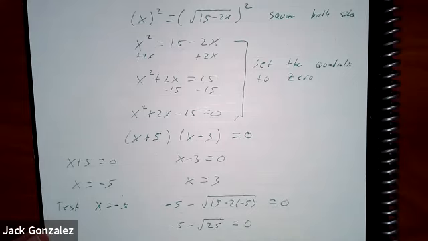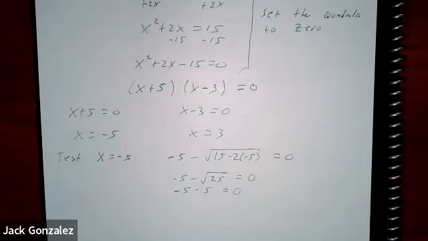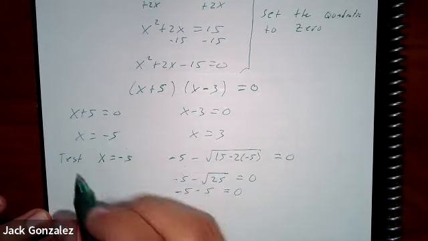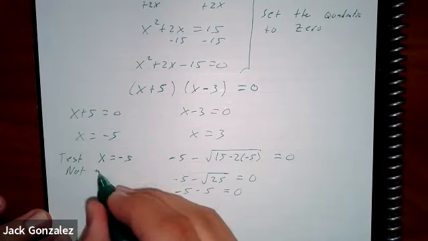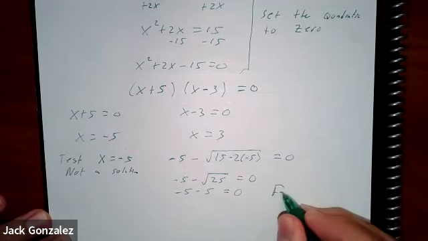Square root of 25 is 5. So negative 5 minus 5 is negative 10. Is that 0? No. So this is not a solution. It doesn't work. So this is false.